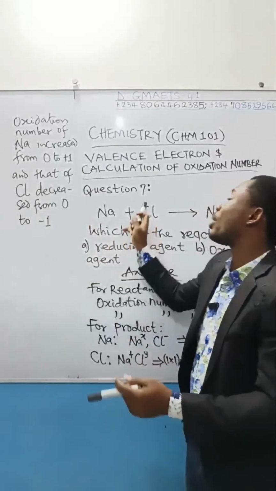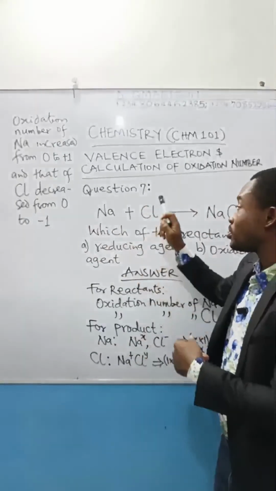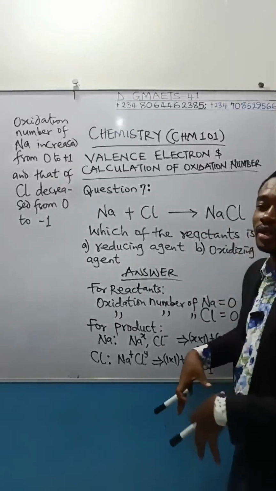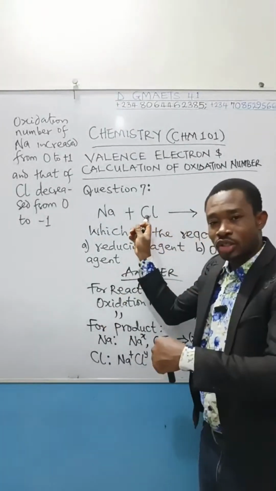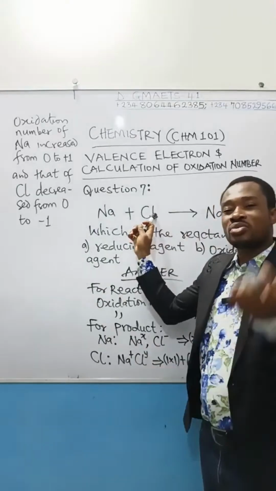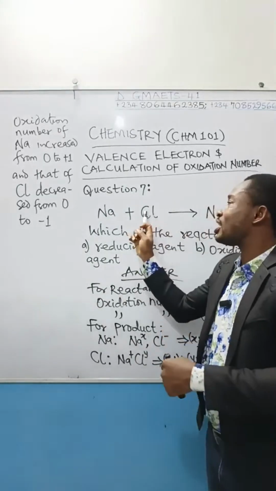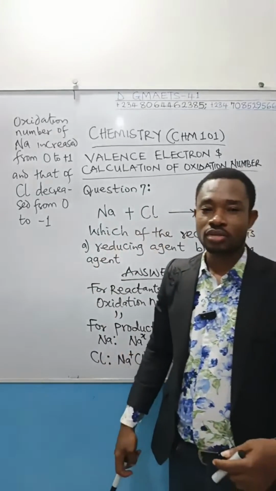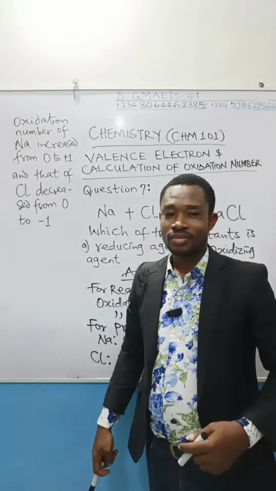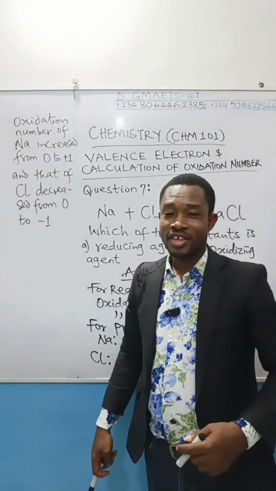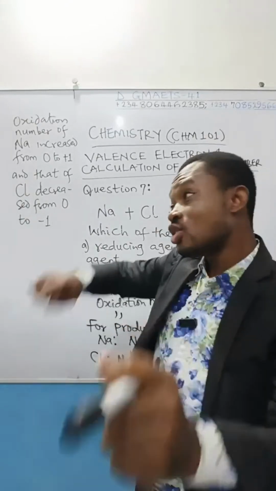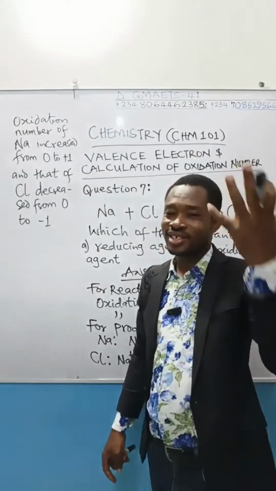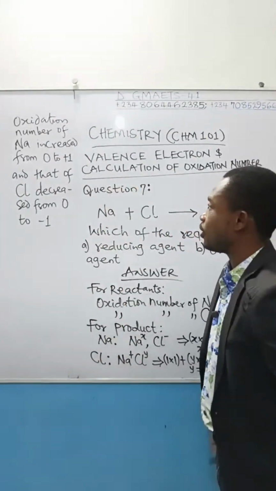That chlorine that experienced reduction becomes the oxidizing agent. If a process occurs to you, the agent that you will become is the opposite. That's just a trick.